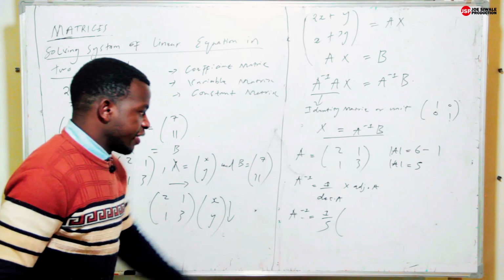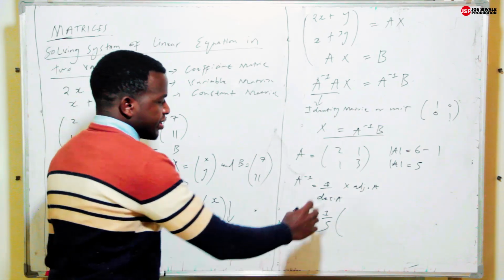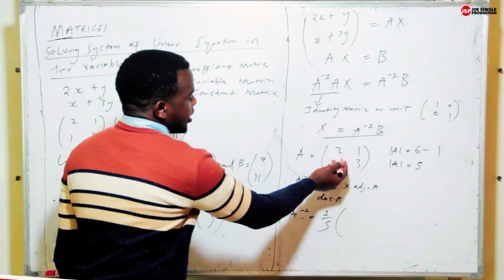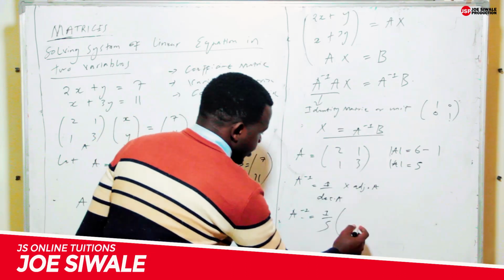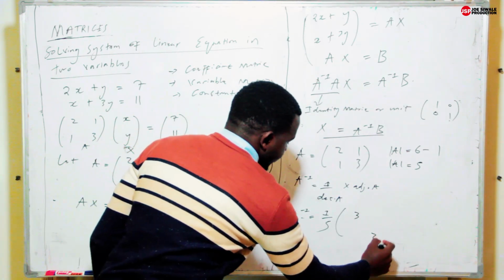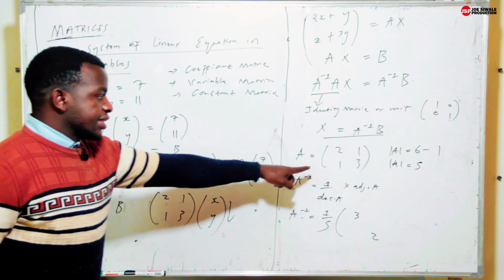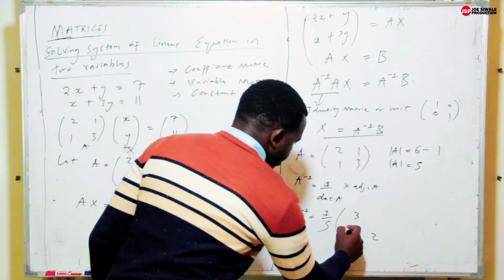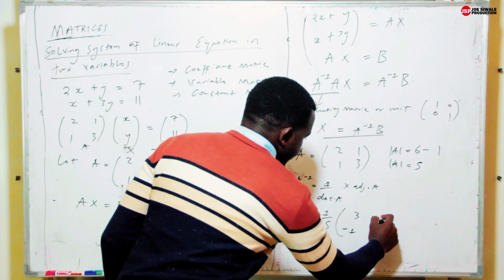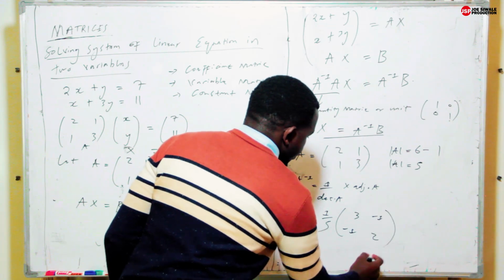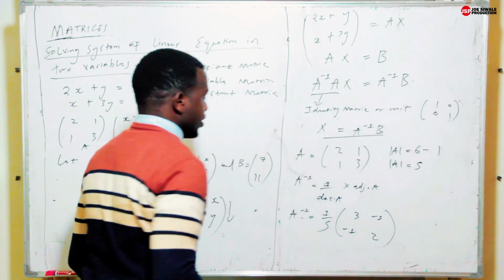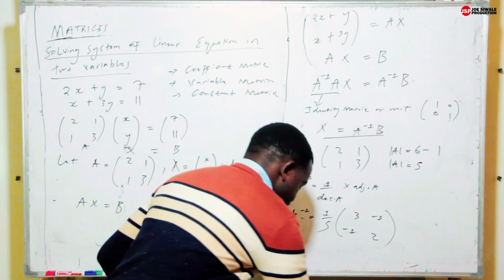In the adjoint matrix, we're going to interchange the elements in the leading diagonal. So we're going to have 3 there, we're going to have 2. Then we're going to change the signs in the trailing diagonal. We're going to have -1 and -1. So this is going to be our inverse of matrix A.